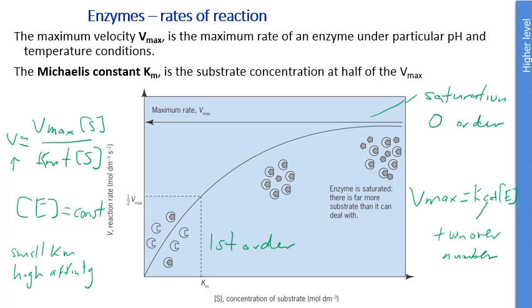Therefore, the concentration of the enzyme equals the concentration of the enzyme-substrate complex, and the concentration of the substrate equals Km, so the dissociation of the enzyme-substrate complex can be described by Kd equals Km. In other words, Km is equal to the dissociation constant of the enzyme-substrate complex.